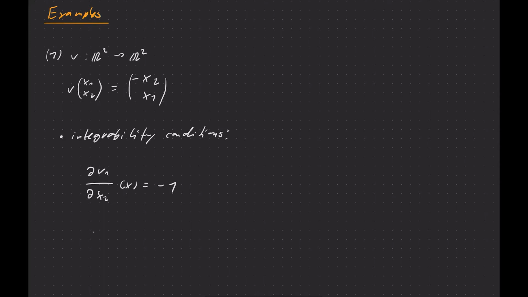And we need to compare this with dv2 dx1. So we need to take the derivative of this coordinate here with respect to x1. And the result here is obviously plus 1.